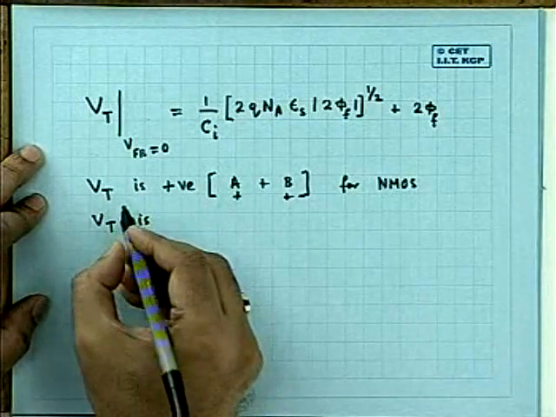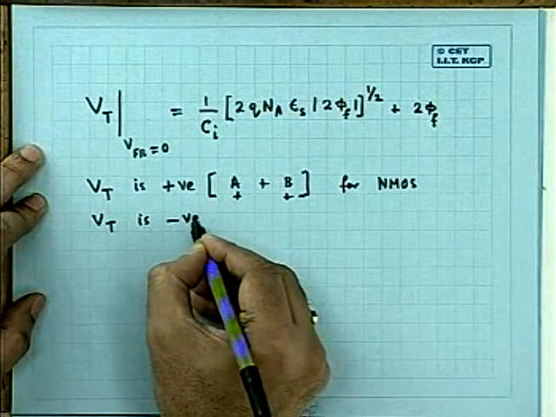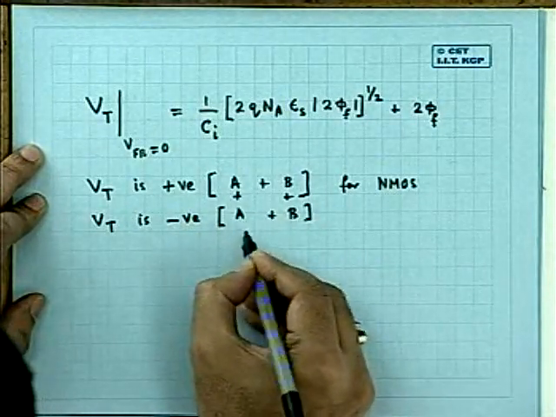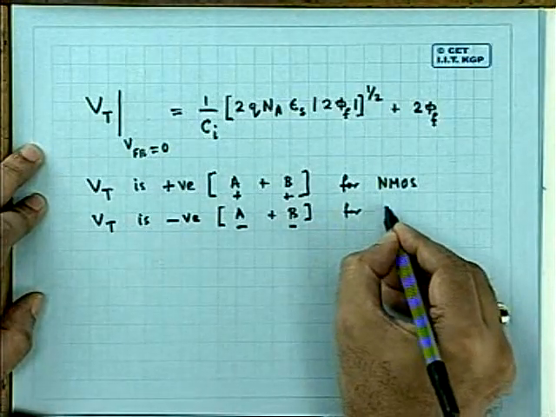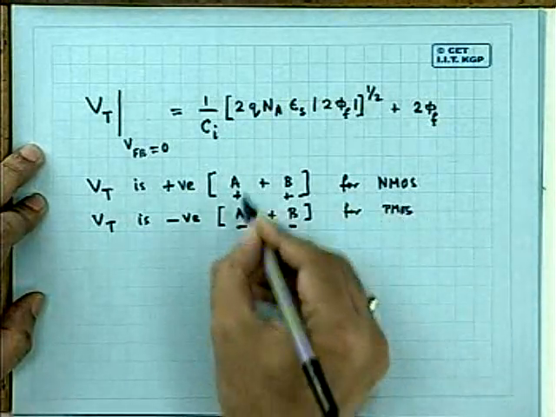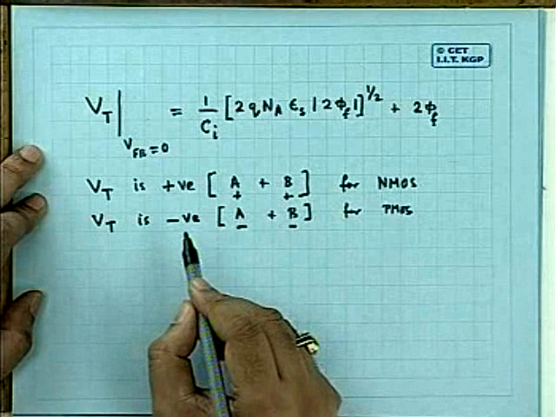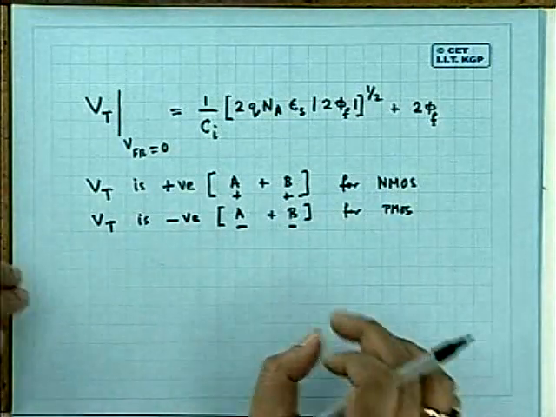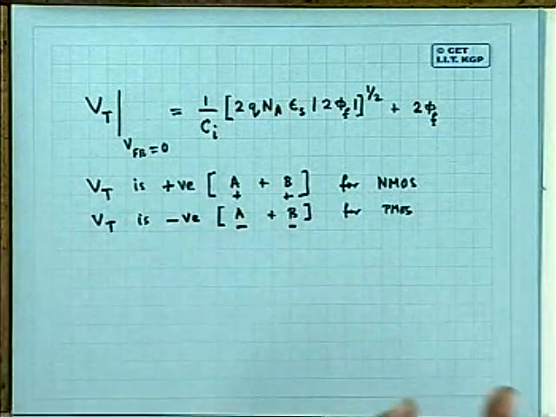Vt ideal, sometimes we call it Vt ideal, is negative. Again, it consists of the two terms A and B, both negative for PMOS. So this is a symbolic form of writing. The plus below the two terms means that they are positive quantities, minus means that they are negative quantities. There should not be any confusion.